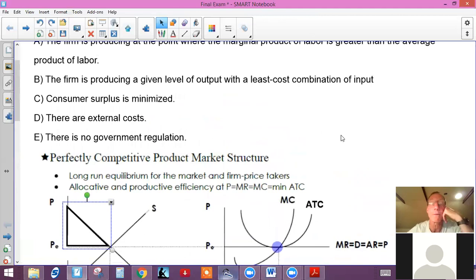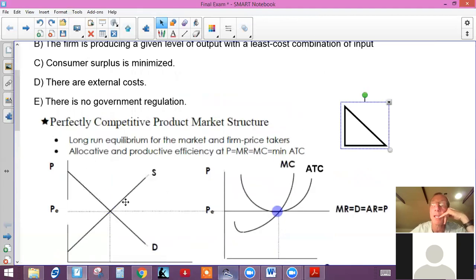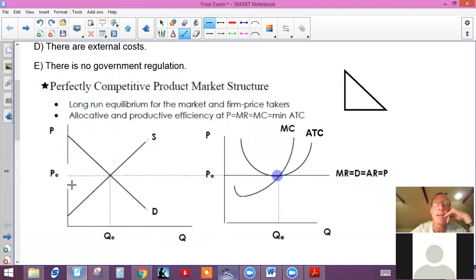Okay. There are no external costs. What does that even mean? Well, that means that in the market, there is a marginal social cost that is higher than the actual private cost.